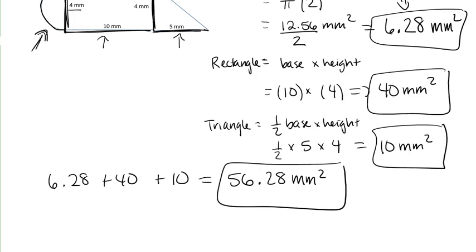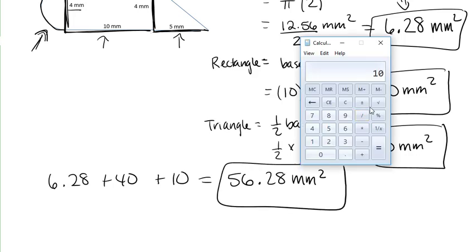And if you're not quite sure, we can always add, as 40 plus 10 was 50, plus that 6.28, which is 56. So that's how we solved for it. But we can always just confirm. Which is 56.28.